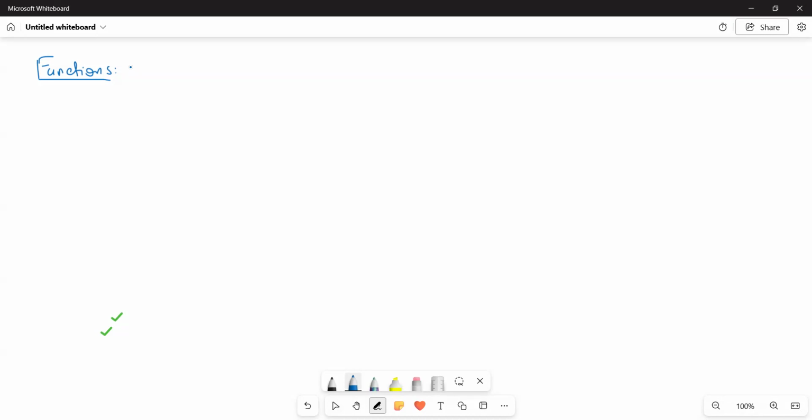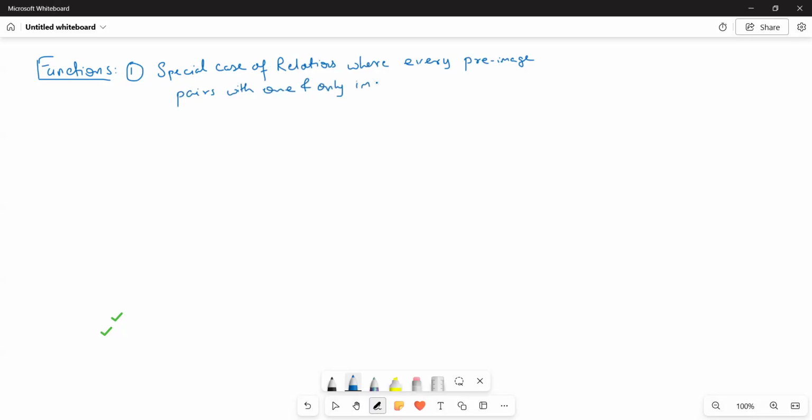So function is defined as, pehla definition of a function is like it's a special case of relations where every pre-image pairs with one and only one image.